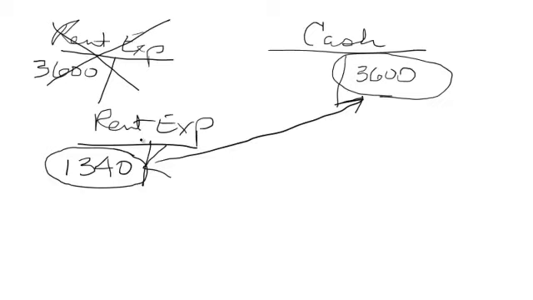Okay, column 4 says the amount that the account or accounts is over or understated by. Well, rent expense should be $3,600. Rent expense is $1,340. Okay, what if I were to come in here and put in a $10,000 balance in there? If it was a $10,000 balance before this entry, it should be, if we did it correctly, $13,600.